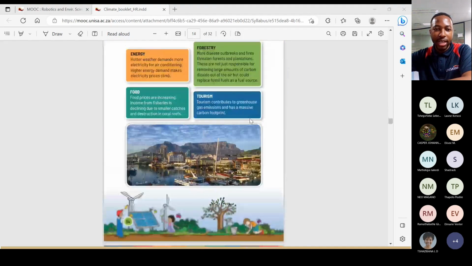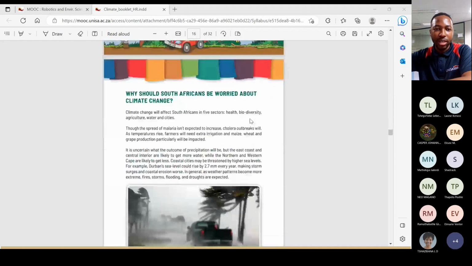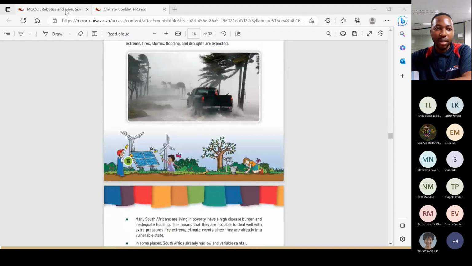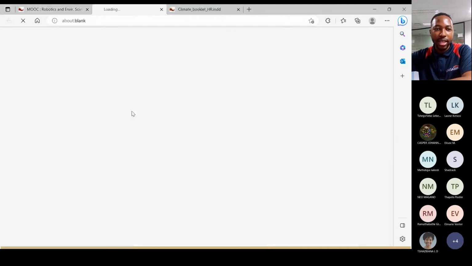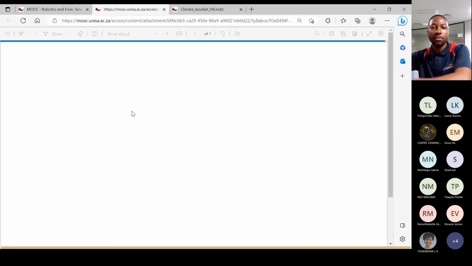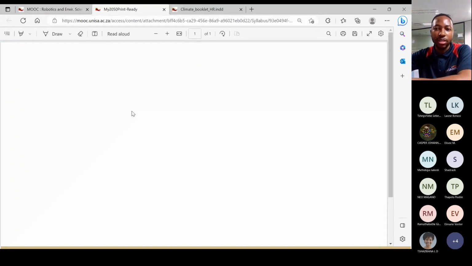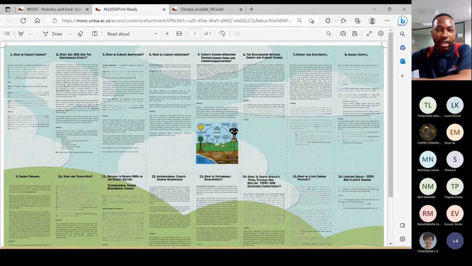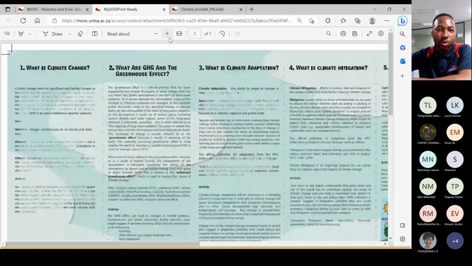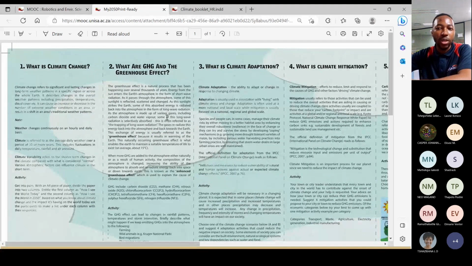And as I've indicated, this booklet can be found on the syllabus tab. And then here, this is the activity for the My 2050 calculator. On this activity booklet, it's highlighting some different keywords, like what is climate change.